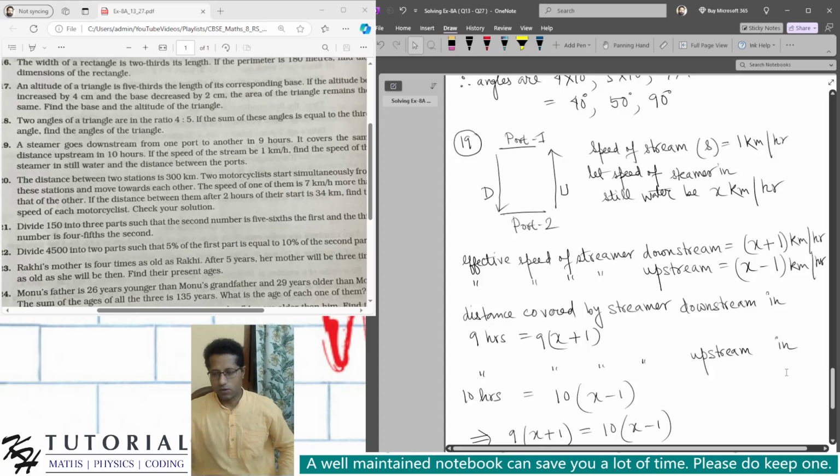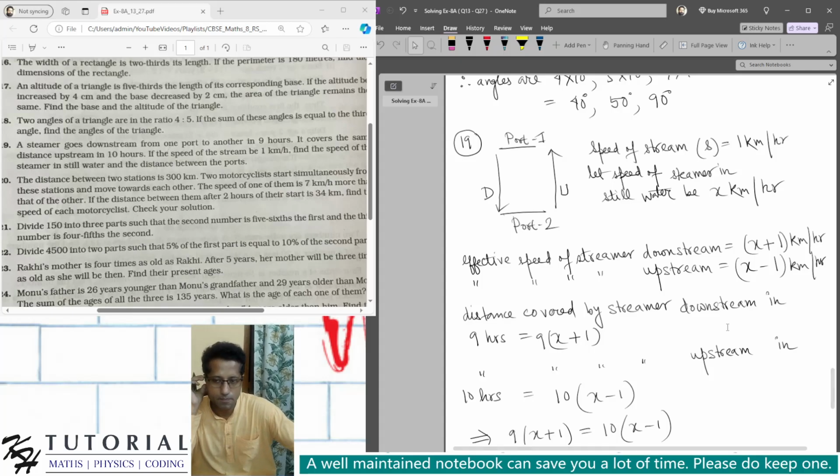So the concept was to assume the speed of the streamer in still water as x kilometer per hour, and then consider the effective speed of the streamer while moving downstream and upstream. In downstream, the speed of the stream gets added to the speed of the streamer, and while moving upstream, the speed of the stream gets deducted from the speed of the streamer.